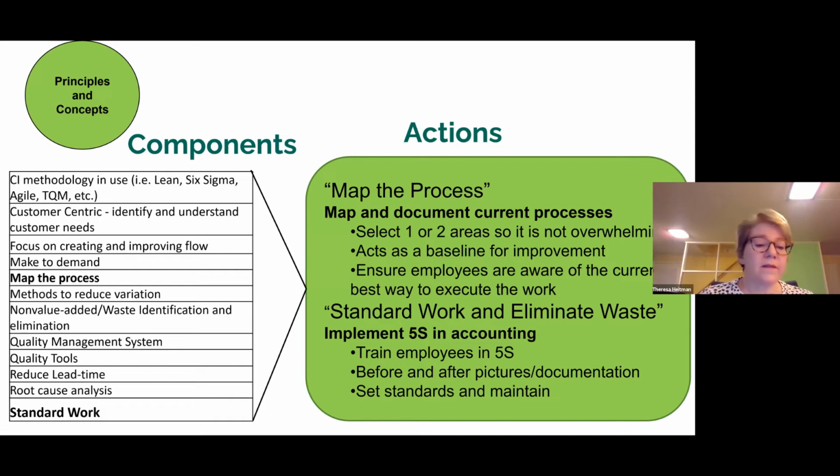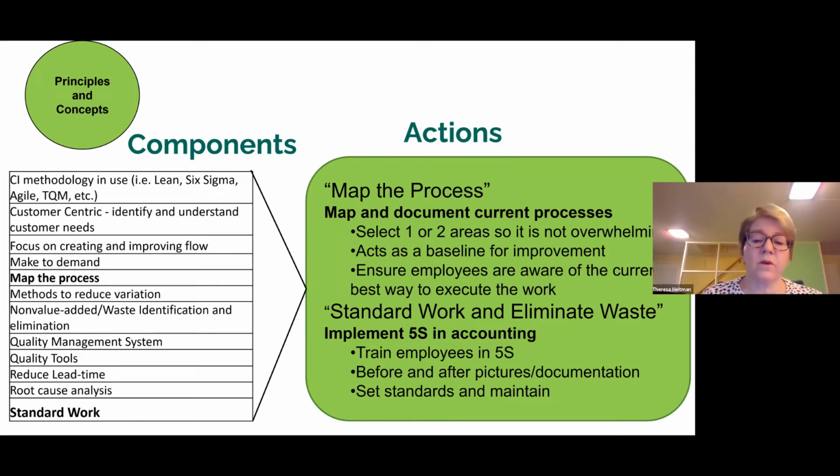The components of that are quality tools, root cause analysis. You guys are getting very good at that. Mapping the process. The things that I have in bold print are things that I went through and said, okay, this next year, I want to work on mapping my process and standard work.